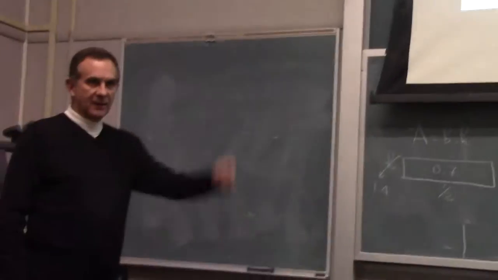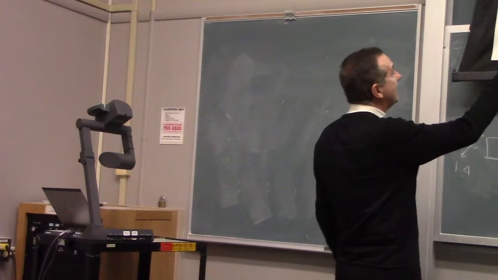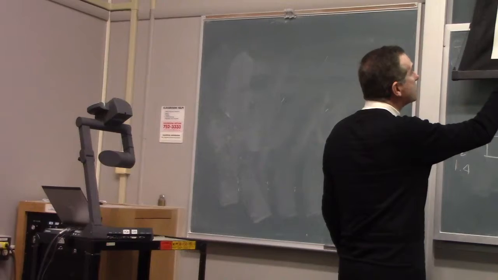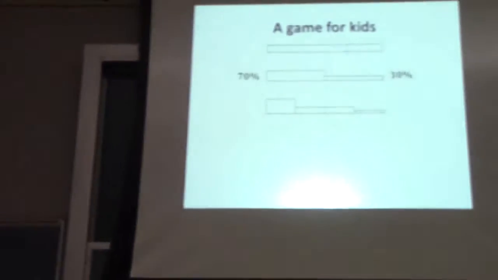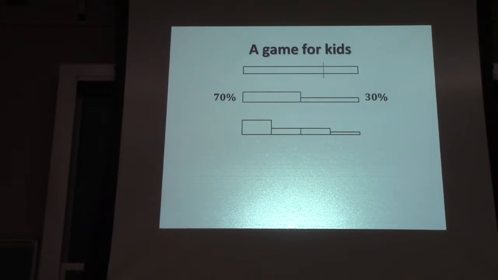Let me ask you now a question. How much modeling clay is in that first left rectangle? Let me backtrack. How much mass is there in this rectangle above? 70%.